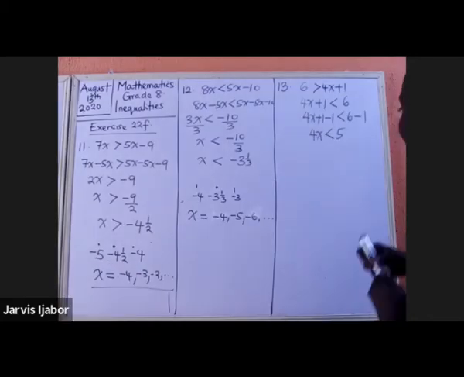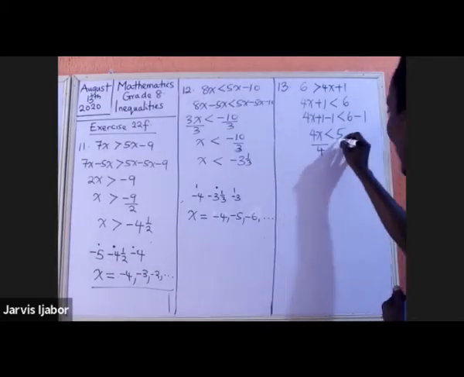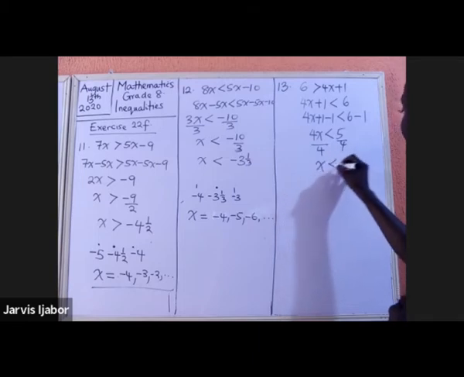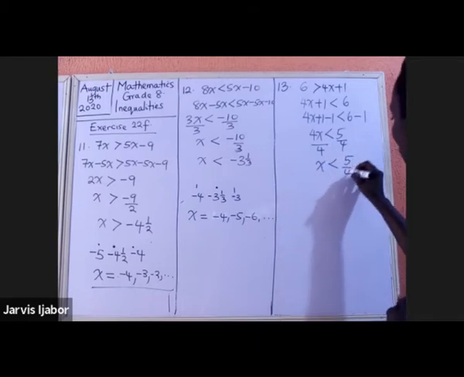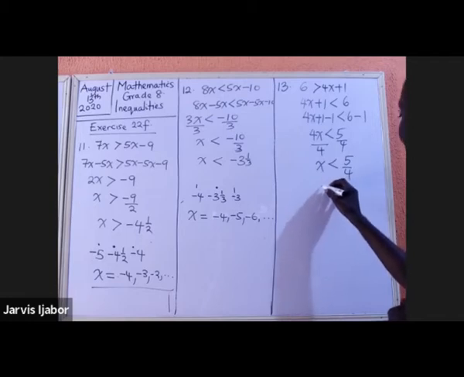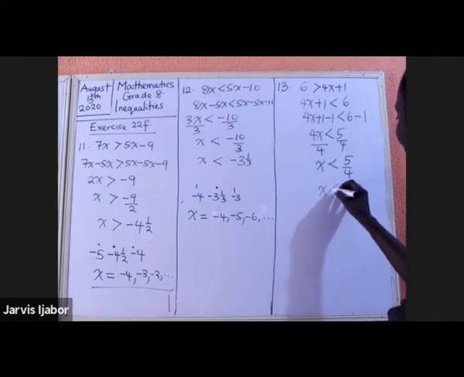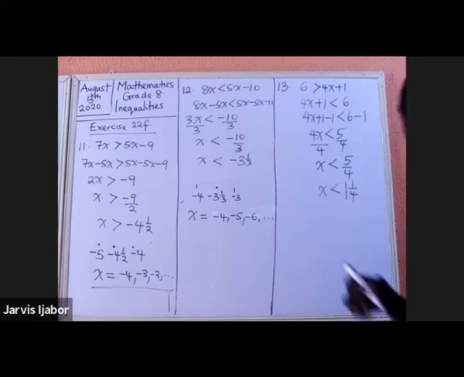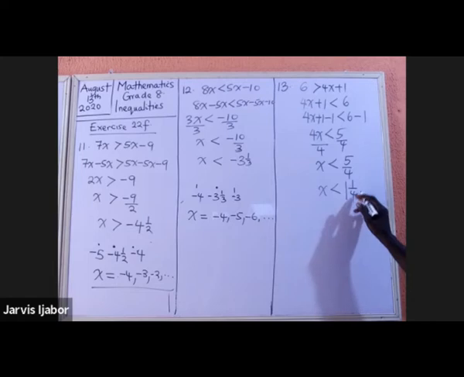You divide both sides by 4 and then x will be less than 5 over 4. So that means that x will be less than 1 and 1 over 4.